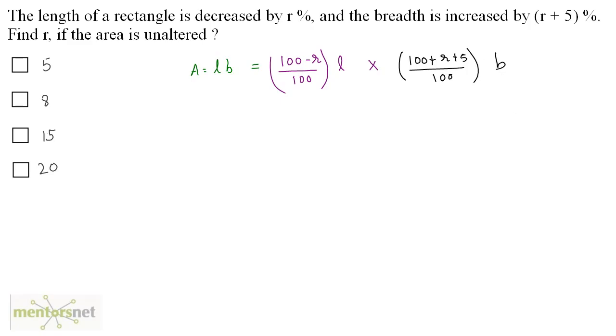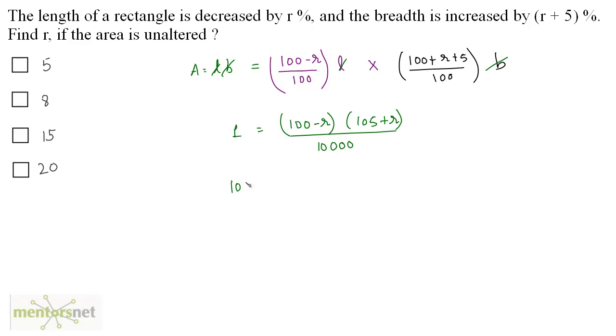Now we can cancel out L and B on the left hand side and the right hand side. So this is basically 1 is equal to 100 minus r times 105 plus r divided by 10,000, since 100 times 100 is 10,000.